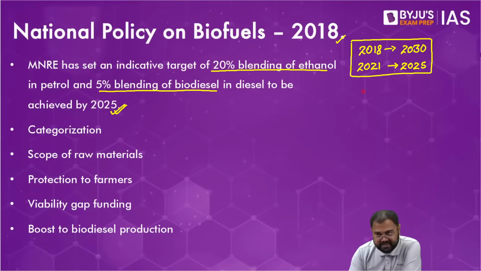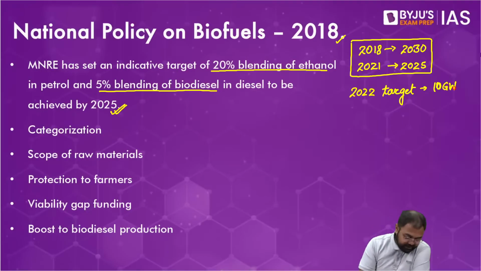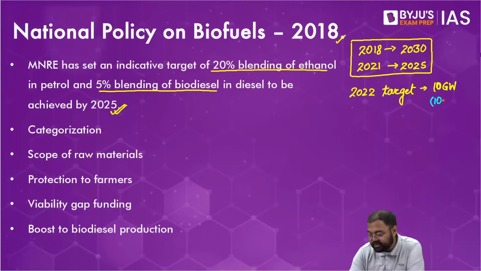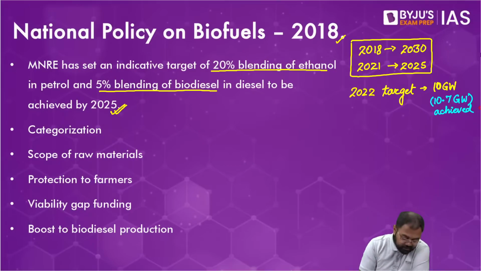Now what we see with regards to the targets of biofuels, we know that the 2022 target was 10 gigawatt, correct? 2022 target was 10 gigawatt, and we were able to reach 10.7 gigawatt, correct? 10.7 gigawatt we were able to achieve.